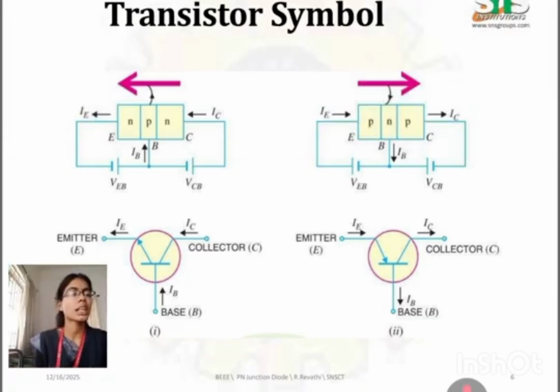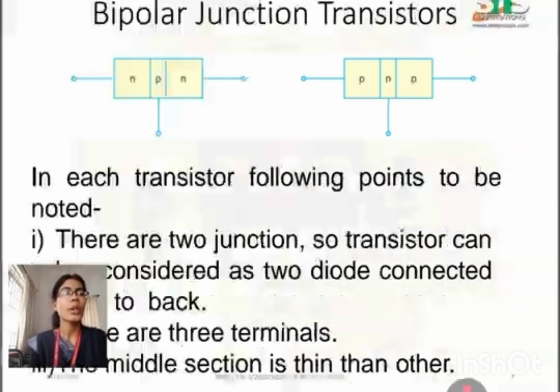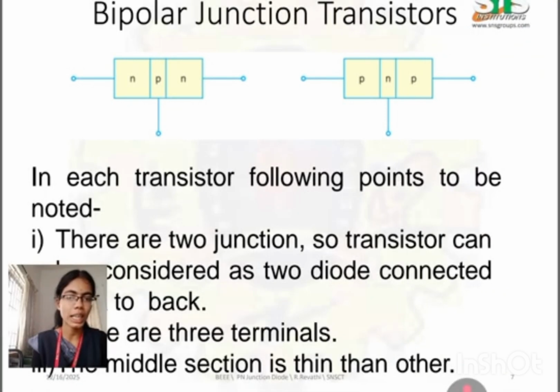In an NPN transistor, the arrow mark denotes the outward direction, whereas in a PNP transistor it is in the inward direction. The emitter is a highly doped material, able to push the charges to the collector, whereas the collector is a lightly doped material that collects the charges. The base acts only as a path between emitter and collector.